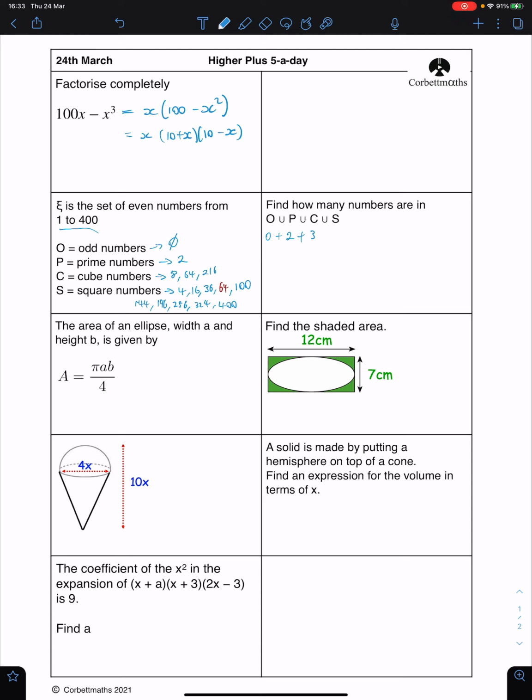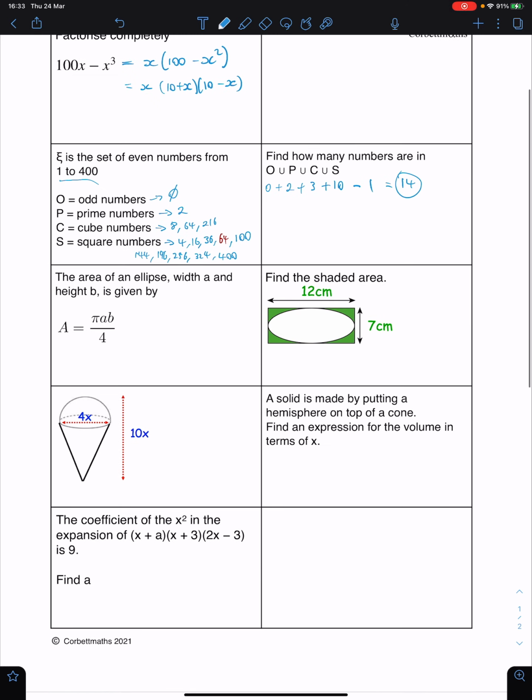For the square numbers, we have 1, 2, 3, 4, 5, 6, 7, 8, 9, 10 altogether. But remember, we've got the 64 that we counted twice. We can't count things twice, so we take away 1. And altogether, that is going to be 2 plus 3 plus 10 is 15. Take away 1 is 14. So altogether, we have 14.